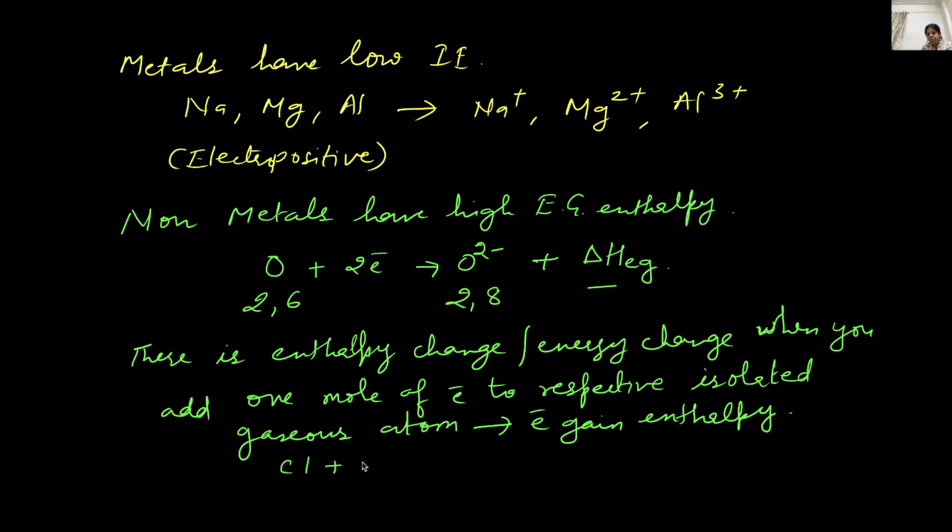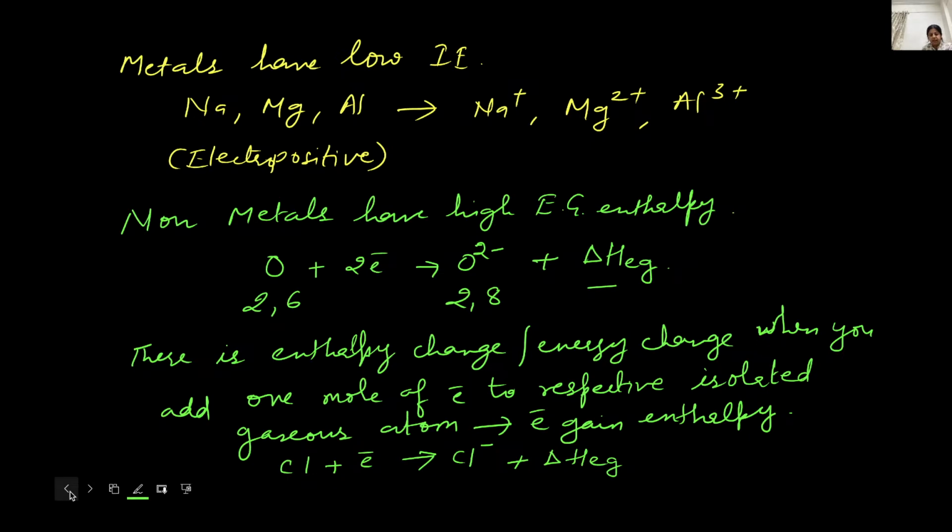We need to add 1 mole of electron to get it converted into chloride ion, and the amount of energy associated with the process is called electron gain enthalpy. It should be high. Okay. So there will be the formation of an ionic bond between two positive and negative charges.